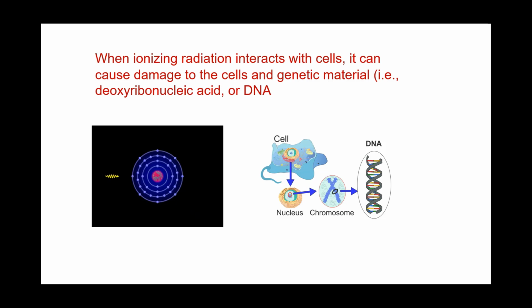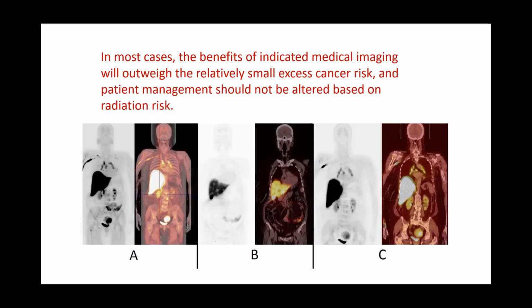The greater the amount of radiation used and the higher the signal strength, the more probability of a biological effect happening to the patient. In most cases, the benefits of indicated medical imaging will far outweigh the relatively small excess cancer risk, and patient management should not be altered based upon radiation risk.